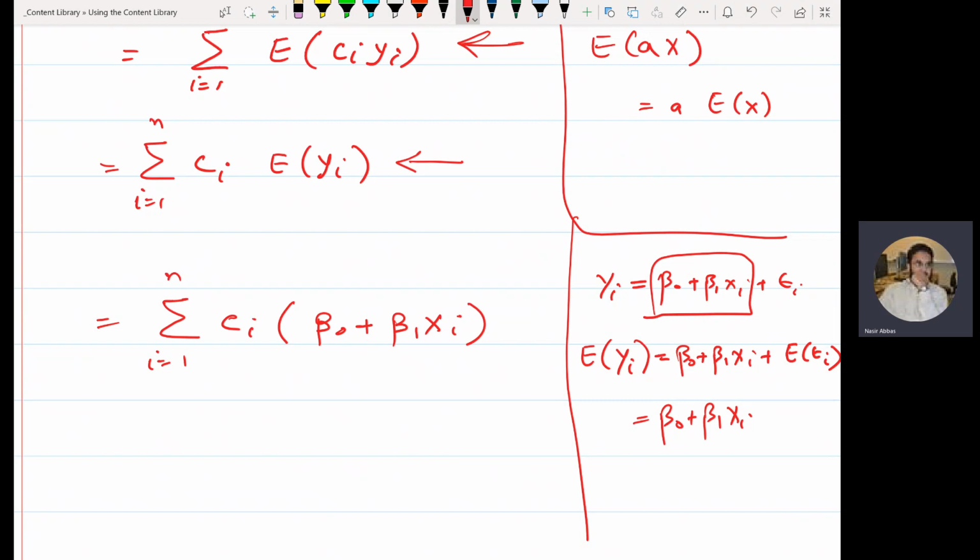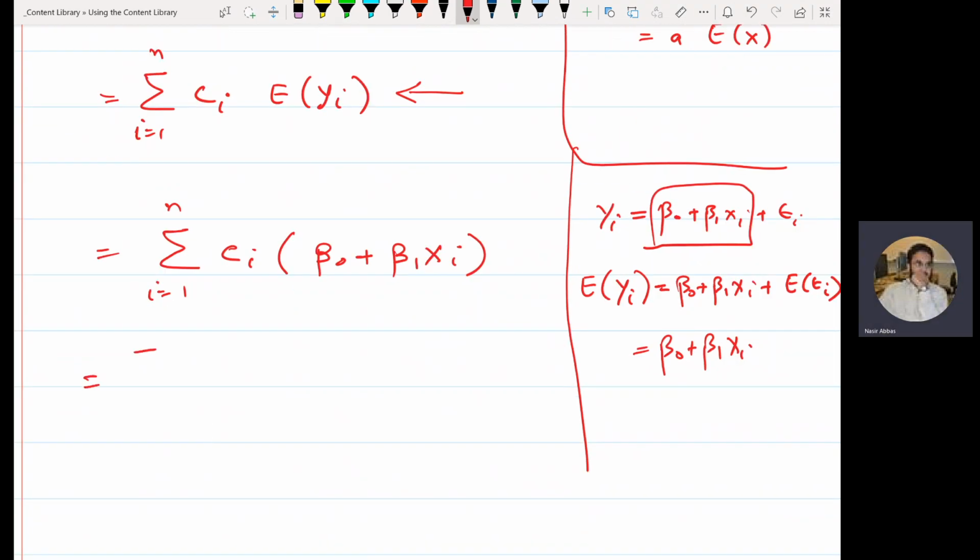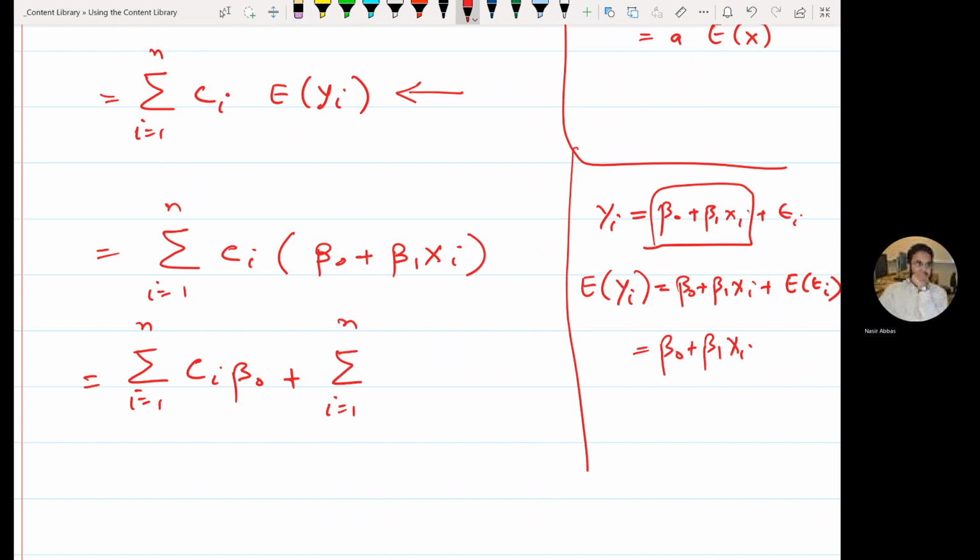Multiply the Ci's inside. So I have the summation of Ci beta naught plus the summation of beta 1 Ci xi.